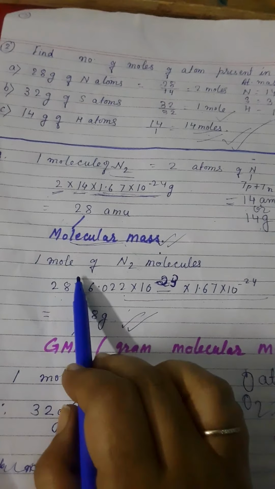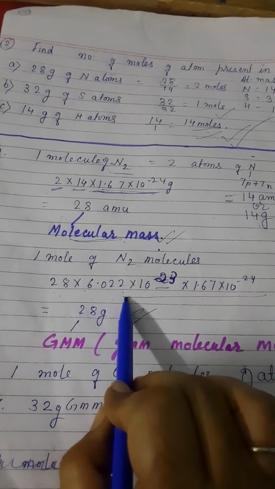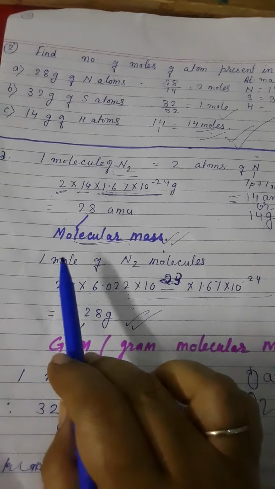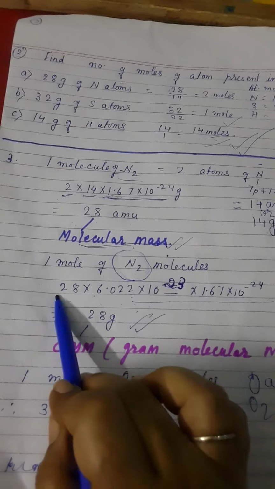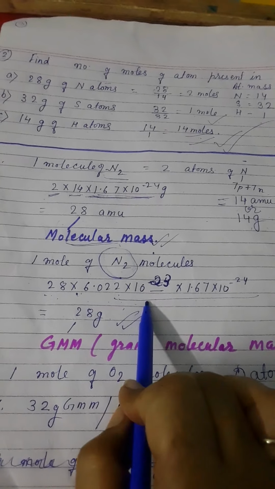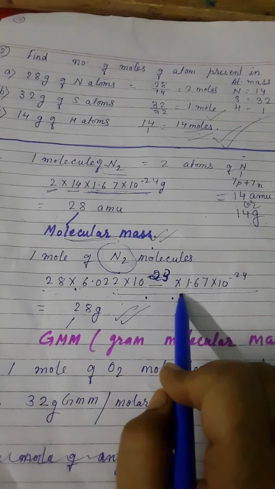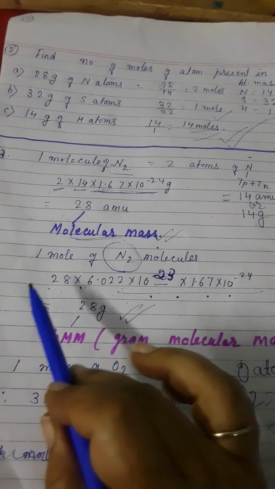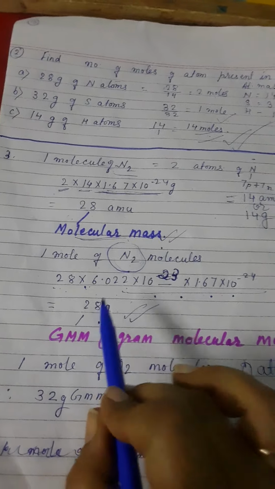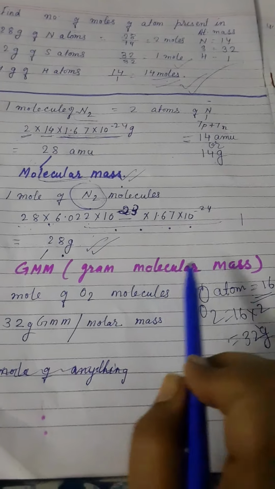And if 1 mole has 6.022 into 10 to the power 23 molecules, then the mass of 1 mole of nitrogen molecules will become 28 gram, and this is called gram molecular mass.